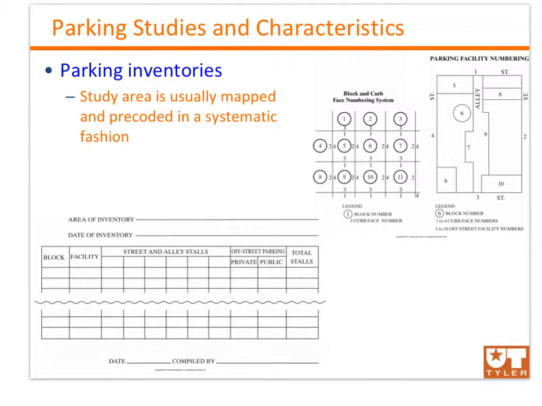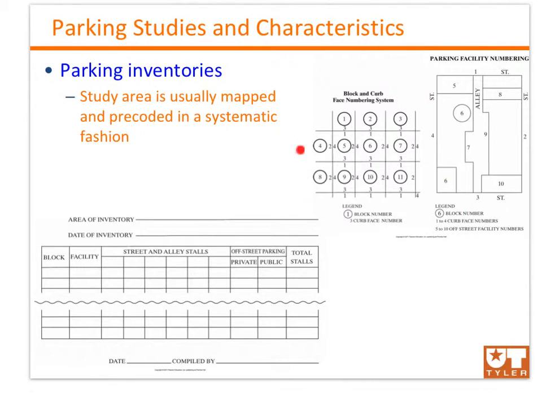This is an example of how we can do the parking inventory manually. So this is the study area. We typically map it, and then we proceed in a systematic fashion. There are several ways of doing it. For example, we can map it this way, or we can map it as an area.